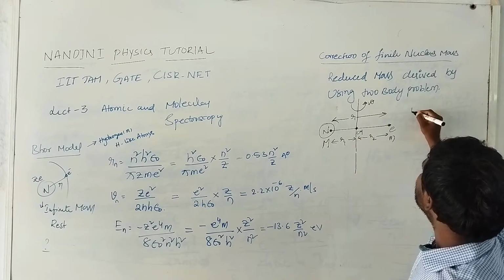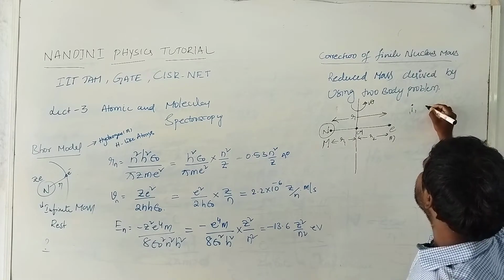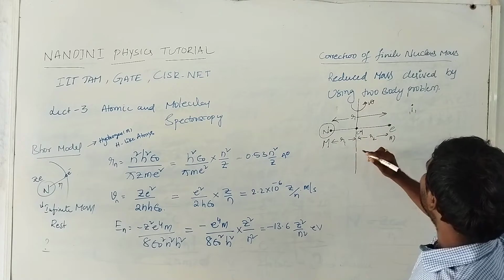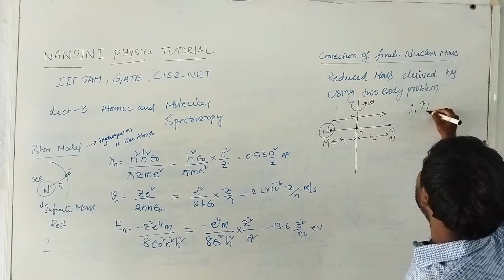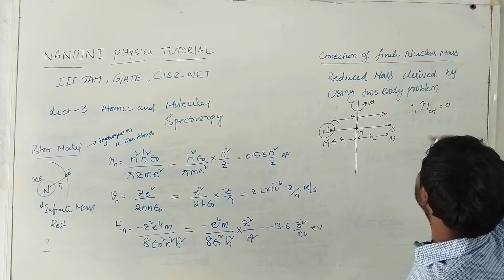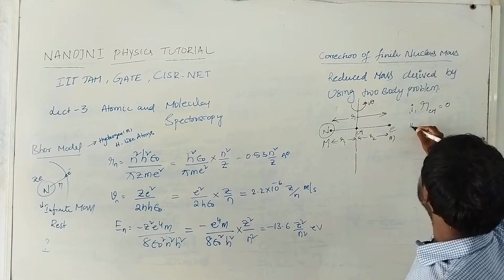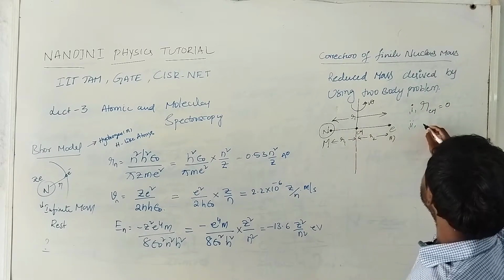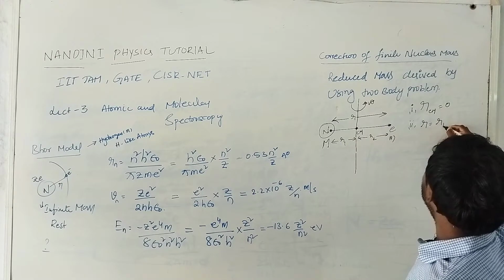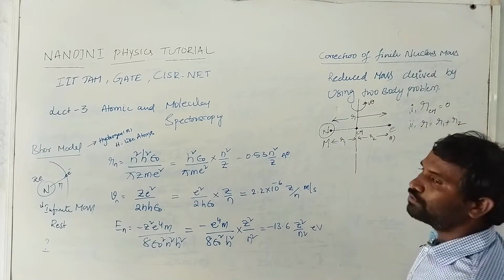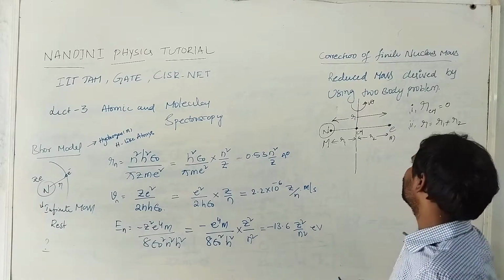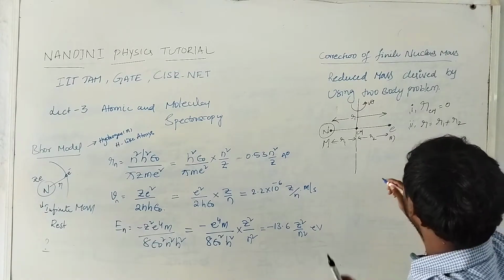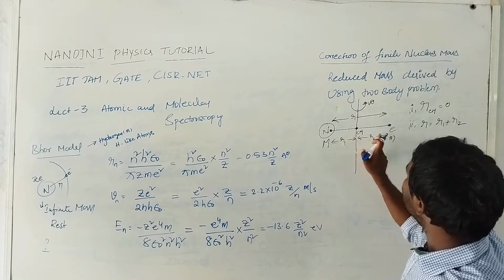The first assumption is that the center of mass, R_CM, is always equal to 0. The second condition is that the total distance r is equal to r1 plus r2. First I want to find the center of mass of these two charges.